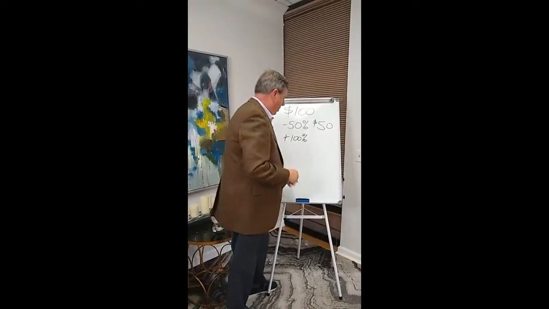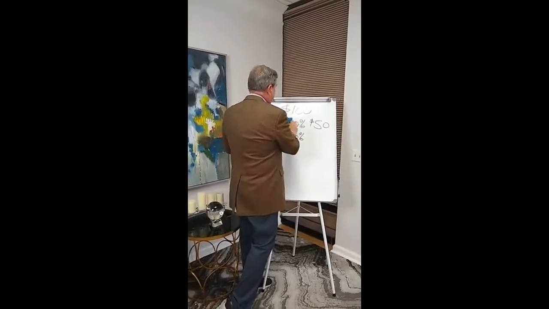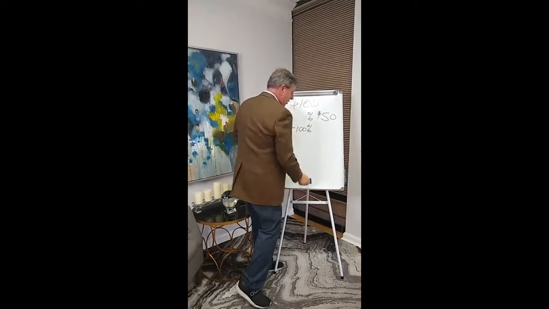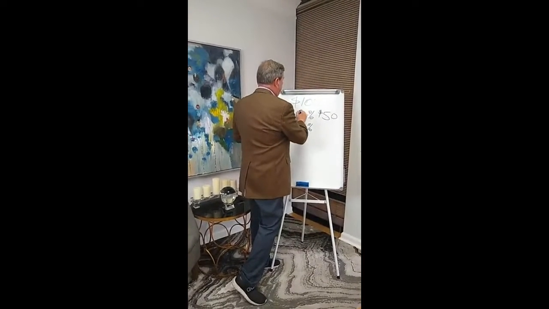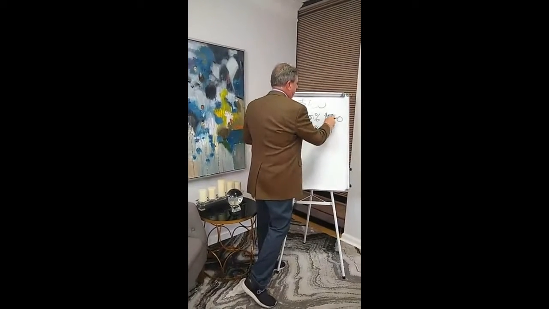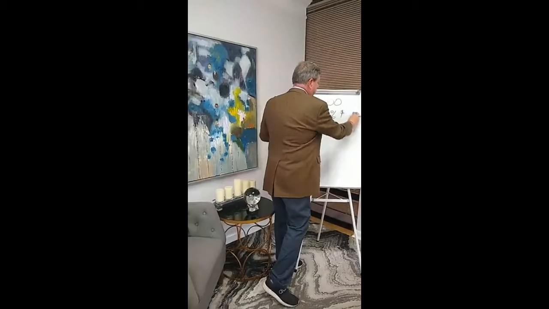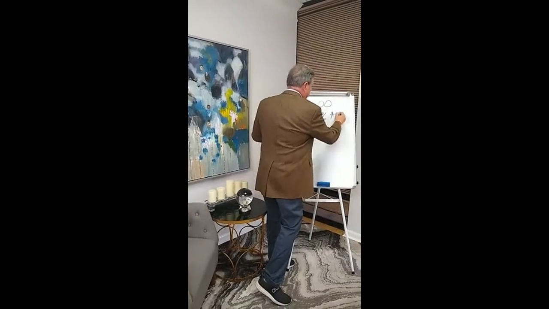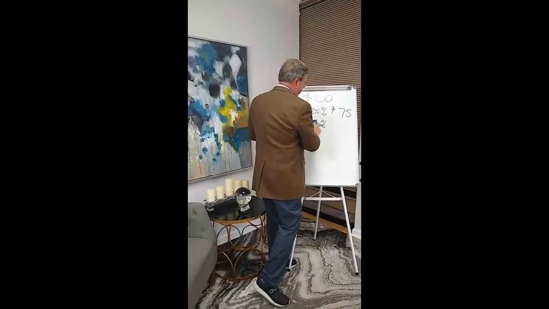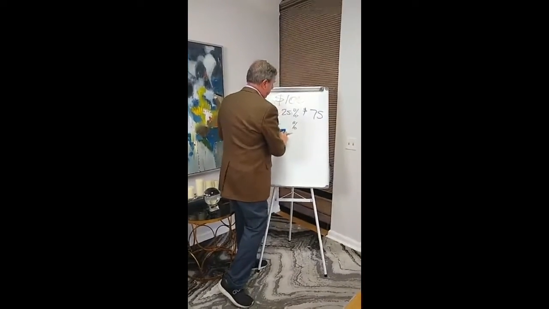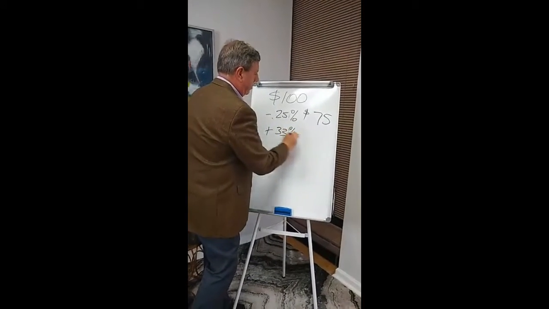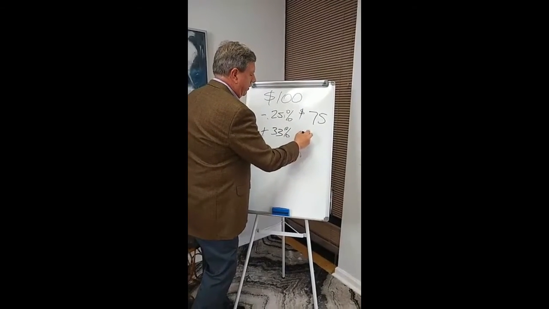If you, in a less severe scenario, were to say lose 25%, so in this case you go down to 75, the next year, or over the next several years perhaps, you would need to make 33% to get back to even.